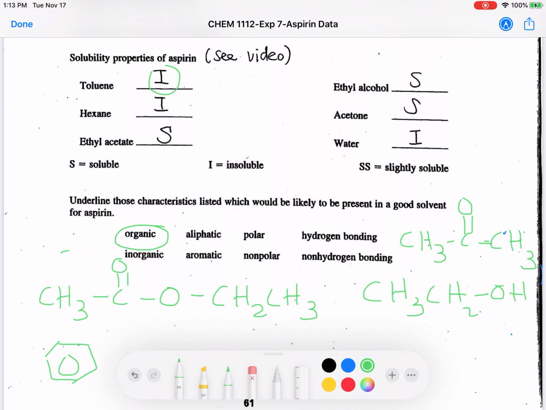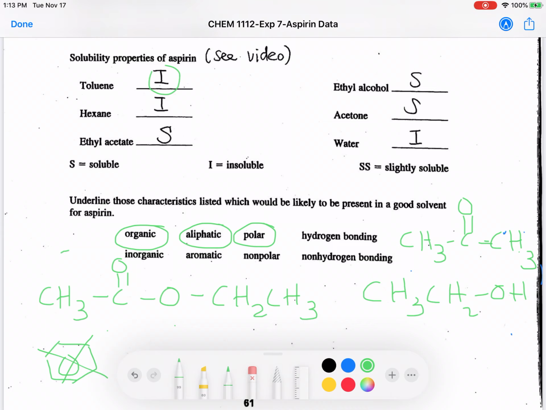It isn't soluble in toluene, meaning aromatic is not a good solvent, right? So aliphatic would be a good one. And between polar and non-polar, hexane is non-polar, it was insoluble, but ethyl acetate, acetone, ethanol, they are all polar, so polar would be a good choice too.